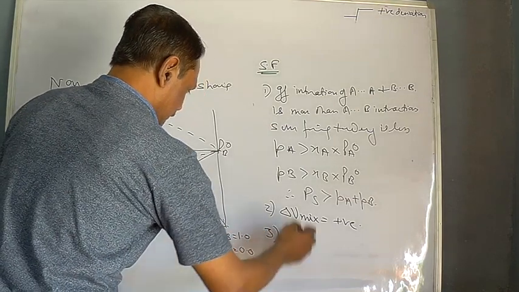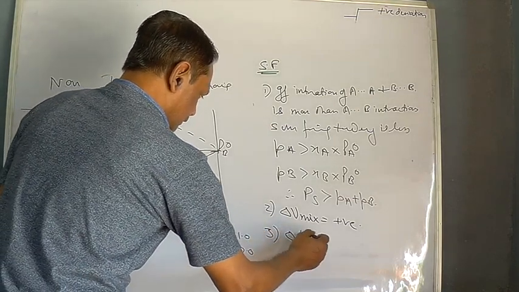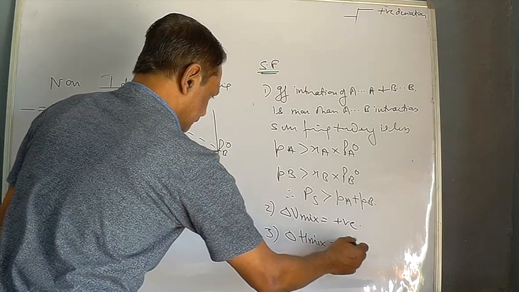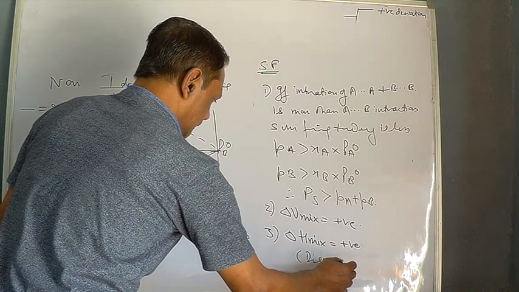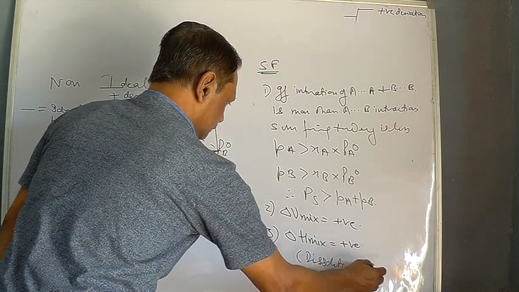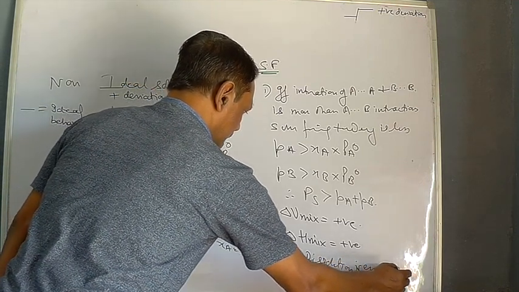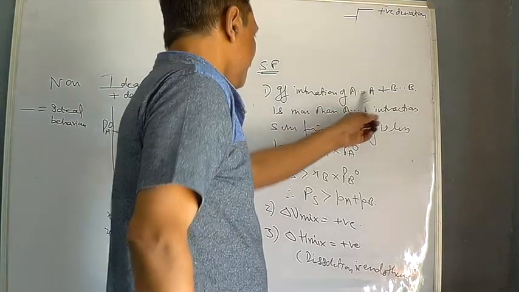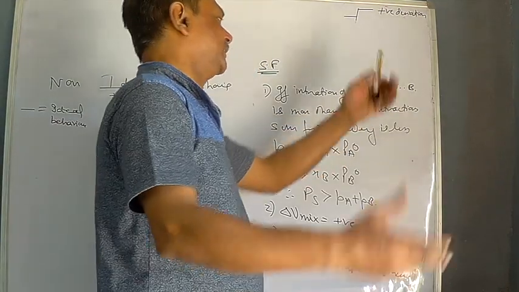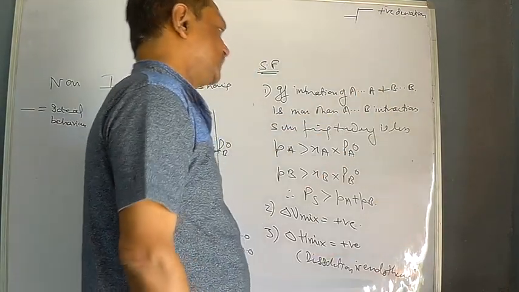Third feature is delta H mix equals positive, meaning dissolution is endothermic. Class, why is the dissolution endothermic? I repeat again, since interaction between A and A, B and B were very high, solution forming tendency was less.